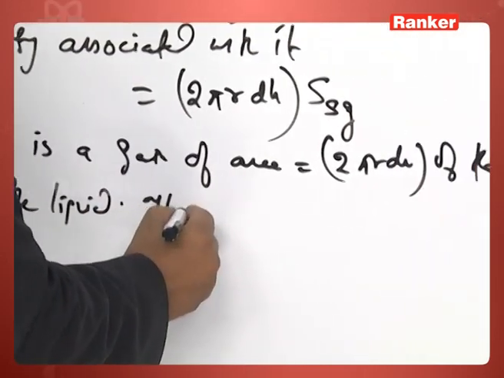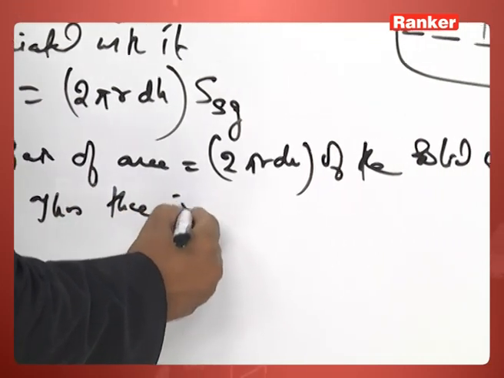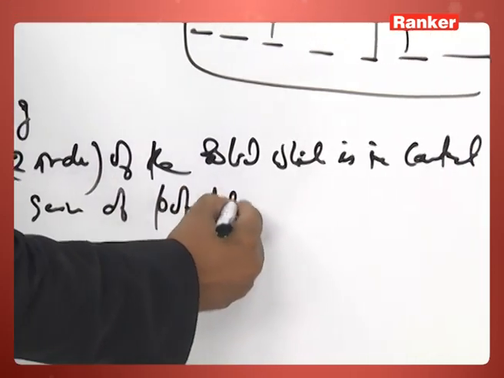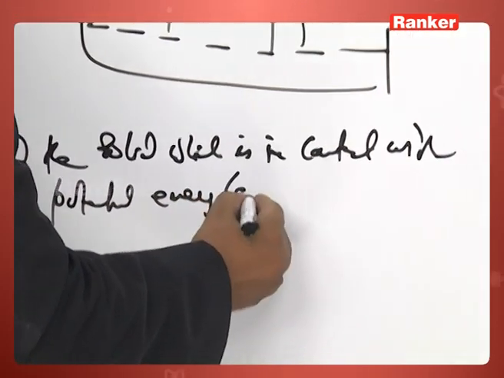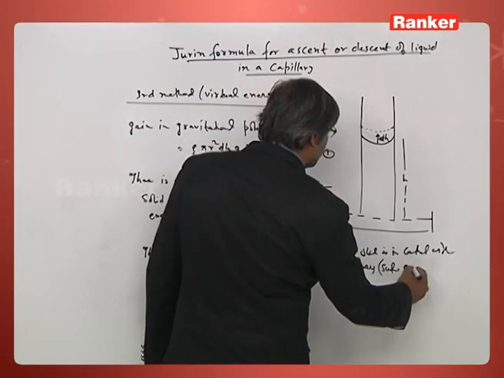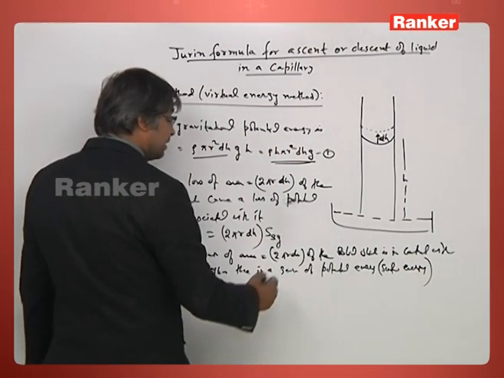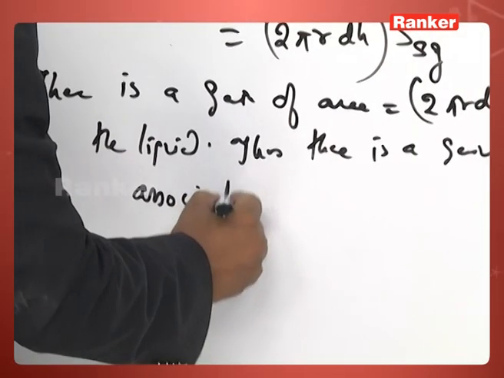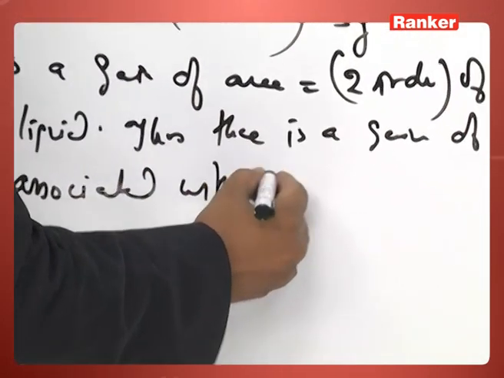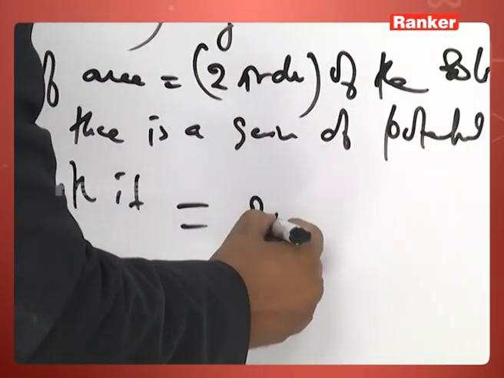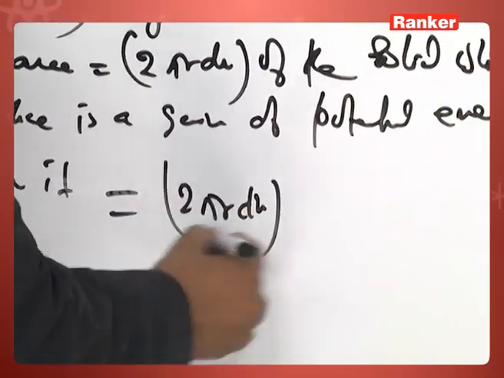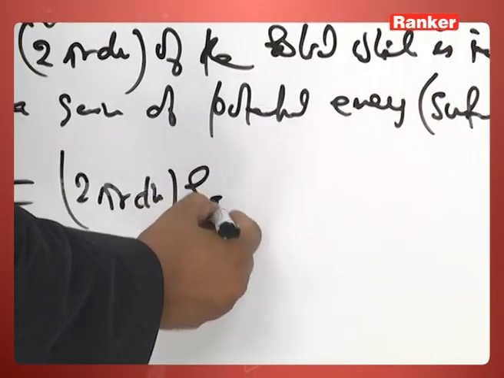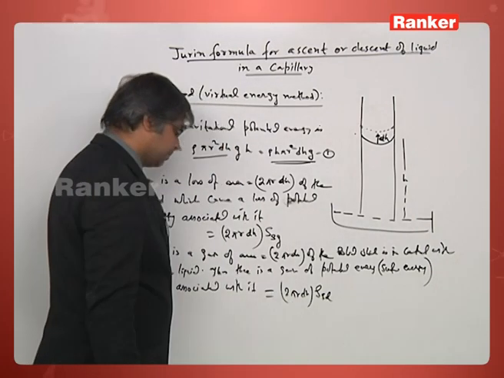Thus, there is a gain of potential energy, we call it surface energy, free surface energy, that is 2 pi r dh into surface tension of the solid in contact with liquid.